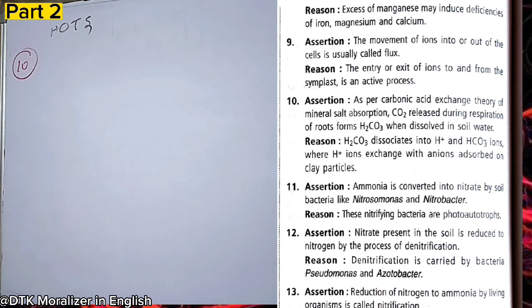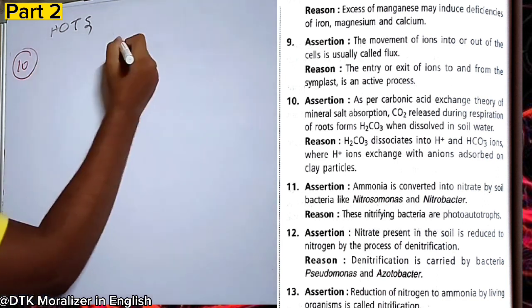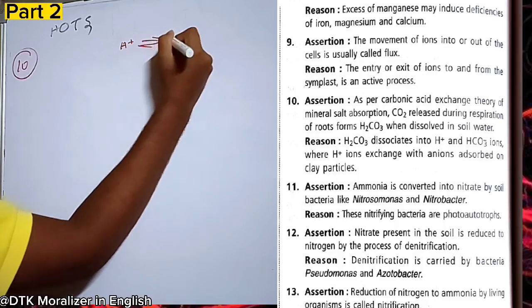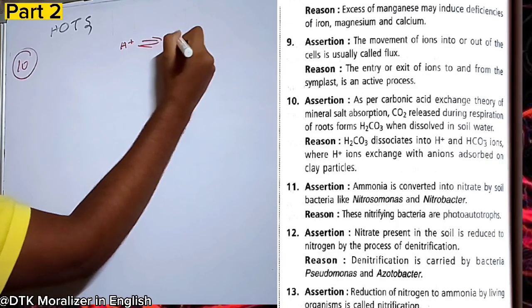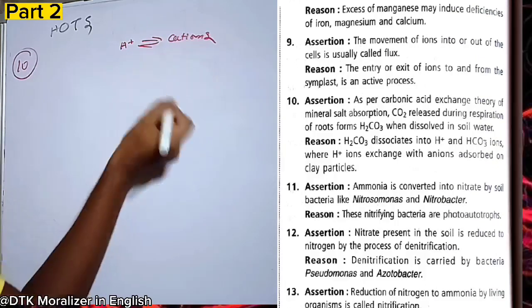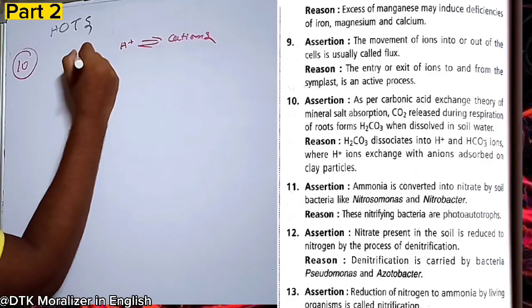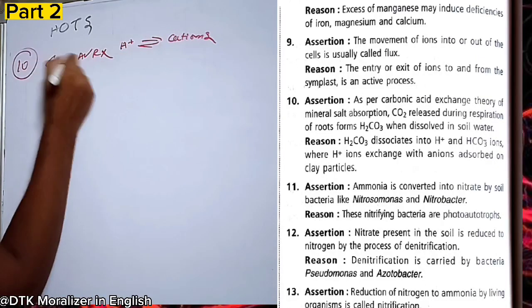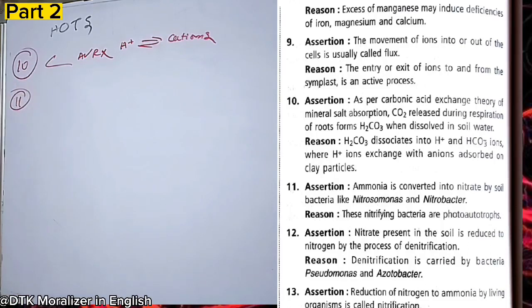For question number 10, it is C. Assertion is right, reason is false. H+ ions are exchanged with the cations. So option C.